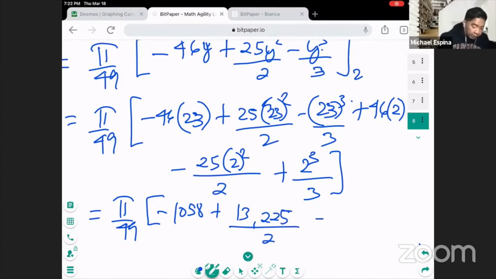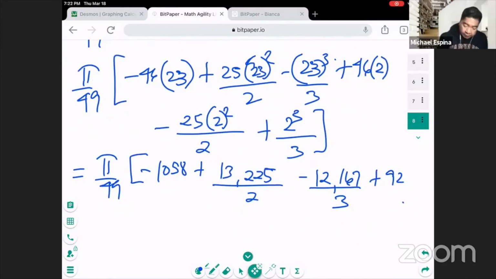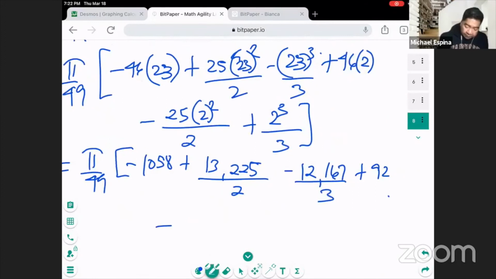And then minus 23 cubed, 12,167 over 3. And then 46 times 2, that is 92. What else? So minus 50, because this cancels out, right? And then plus 8 over 3.